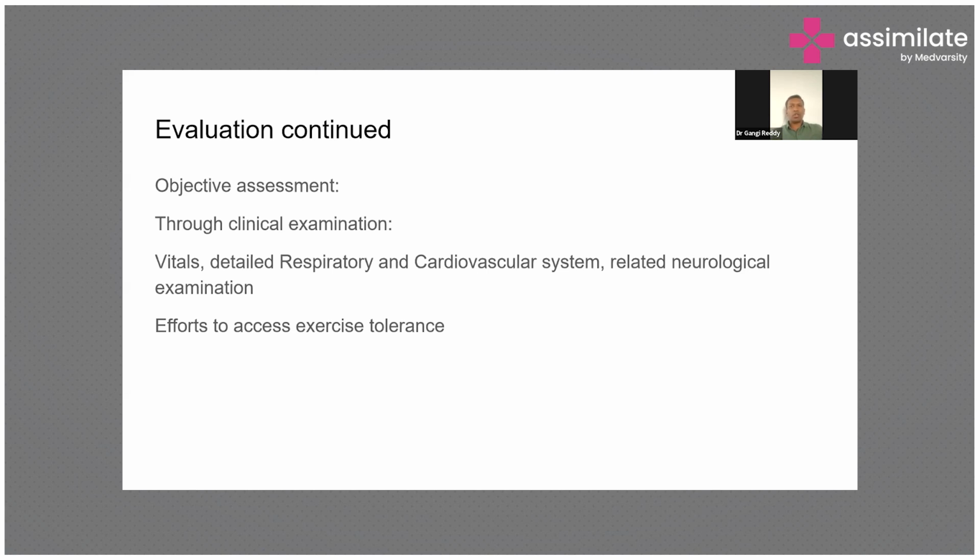I hope most of you are aware of what a 6-minute walk test would be. It is the simplest form of cardiopulmonary exercise testing. We ask the patients to walk for 6 minutes. Prior to the walk, we would have recorded their baseline vitals, and we would also have had their breathlessness in terms of the Borg scale, which is a visual analog scale between 0 to 10.